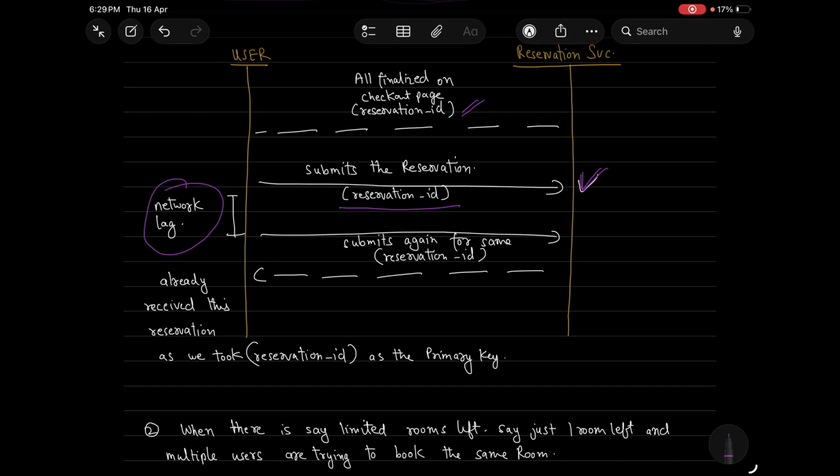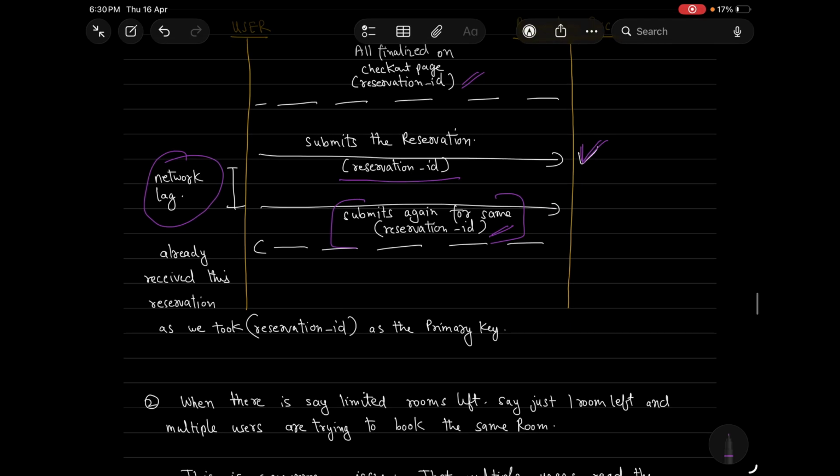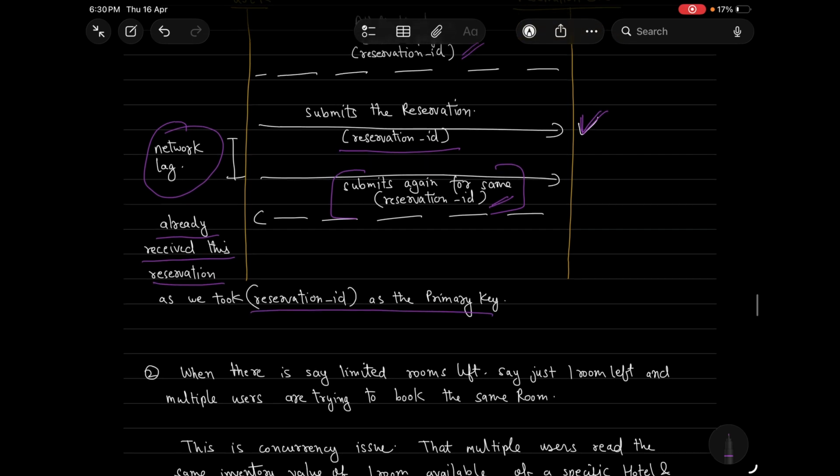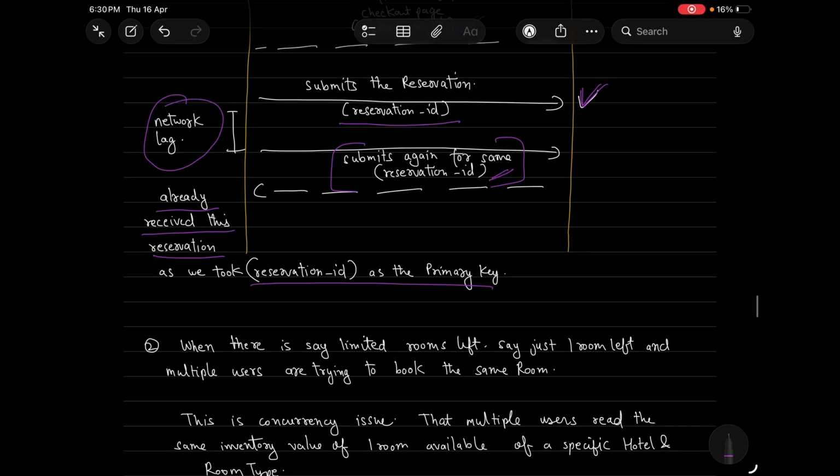So after some time, the user submits the reservation again from the same checkout page with the same reservation ID. As we have already received this reservation, and we took the reservation ID as the primary key, we can check in our database that this reservation ID has already been taken care of. So we can revert back with a response to the user.